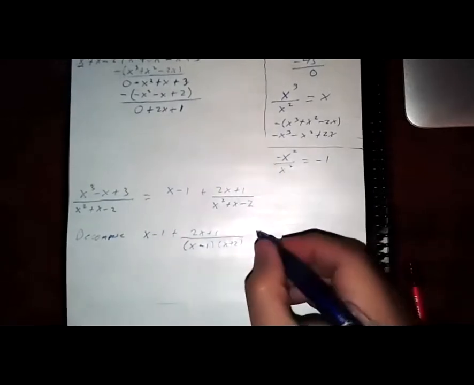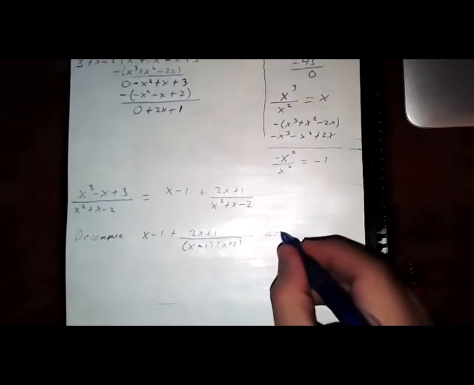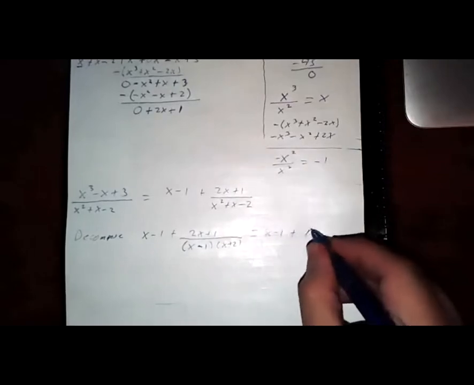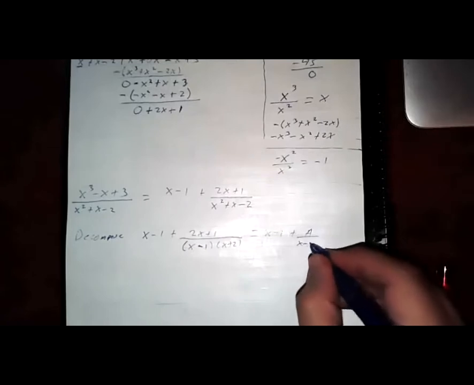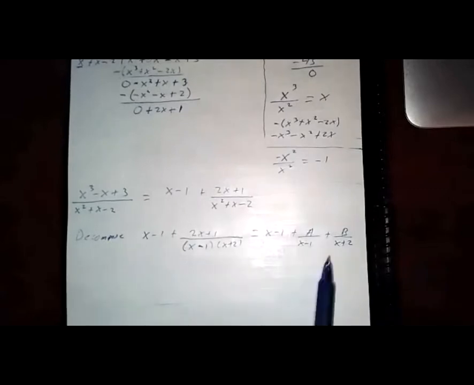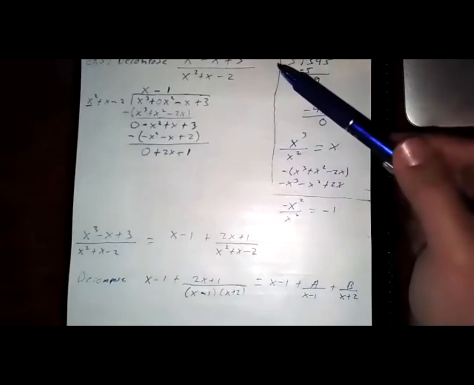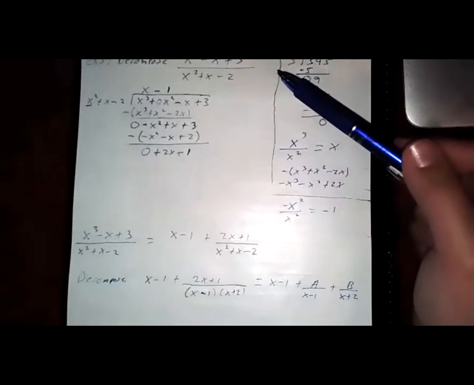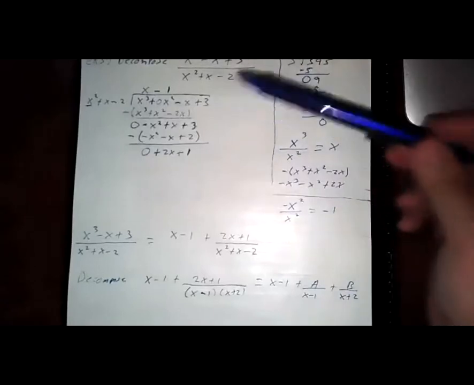So the decomposition would be a over x minus 1 plus b over x plus 2. So this is the actual question they were asking, the decomposition part. But to be able to do this, you first have to divide using long division. Are there any questions on the long division review or the remainder stuff?